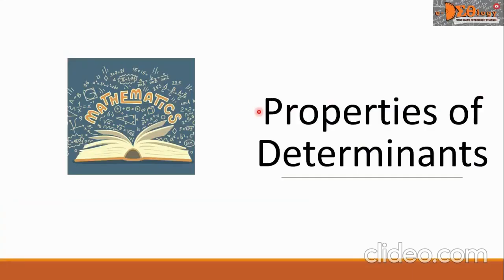Today, we're going to study properties of determinants. Let capital A be an n by n matrix. This is property number 1: determinant of A is equal to determinant of A transpose.